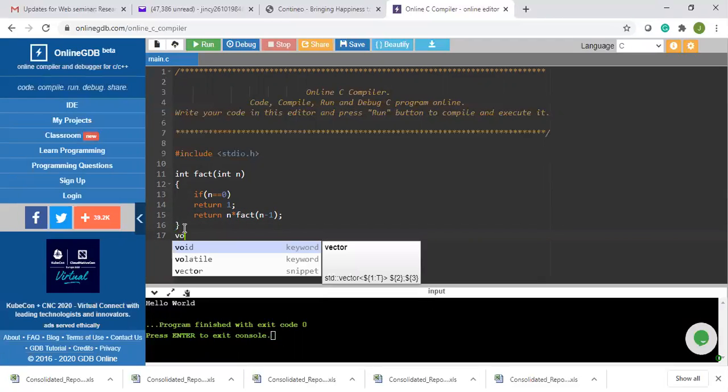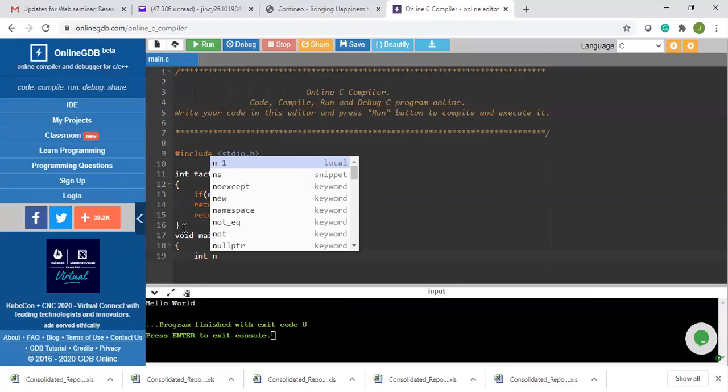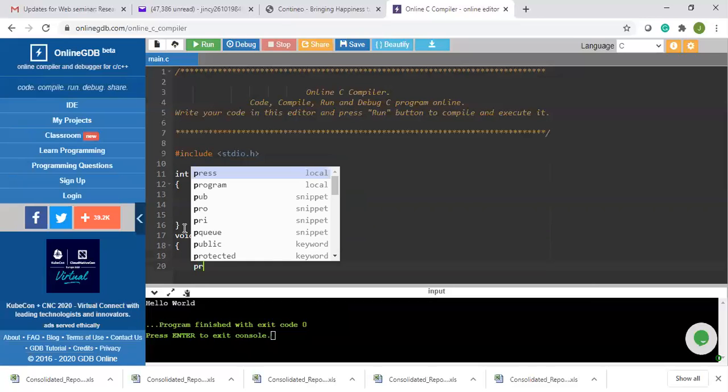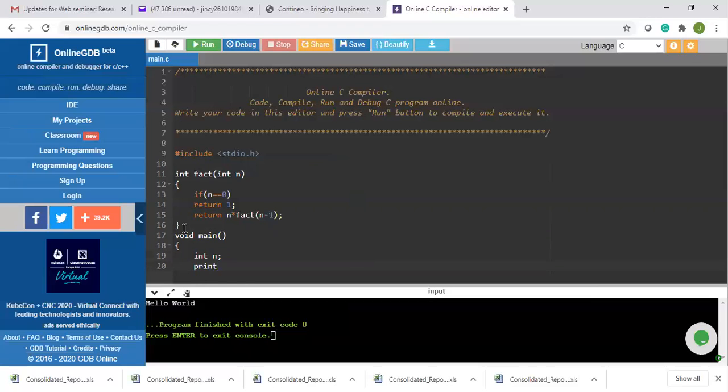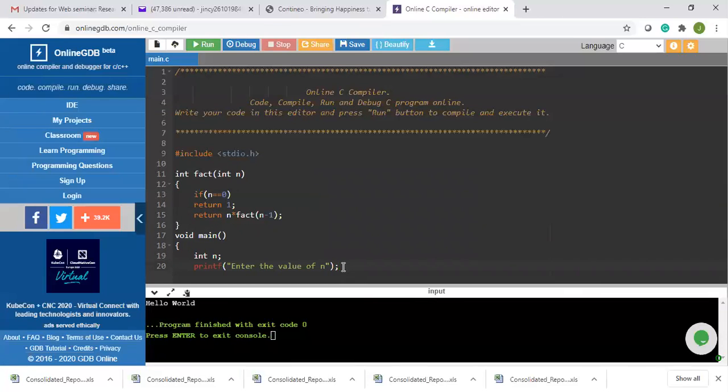Now we will go to the main function, void main. I will declare a variable, int n. Then I'm going to use printf to ask the user to enter the value of n.